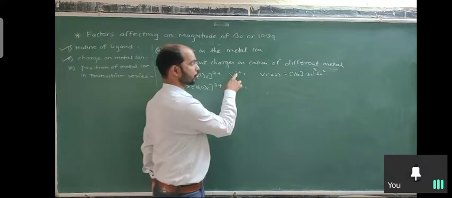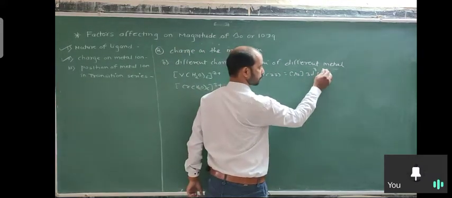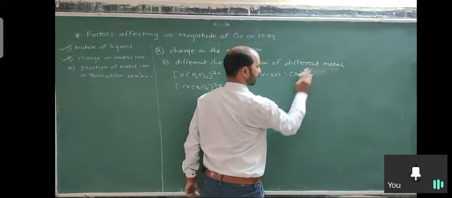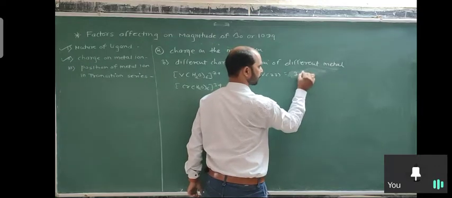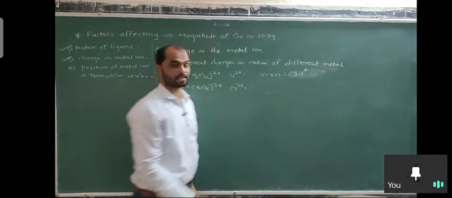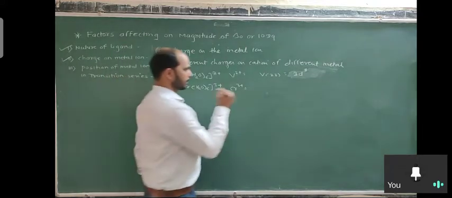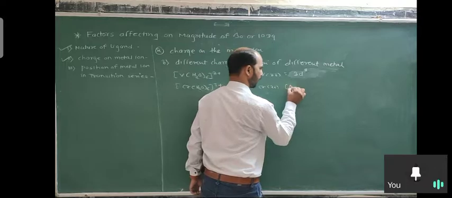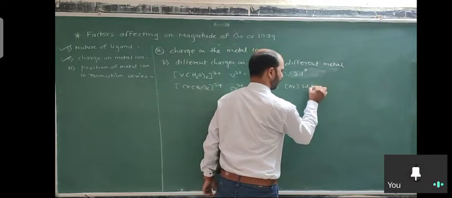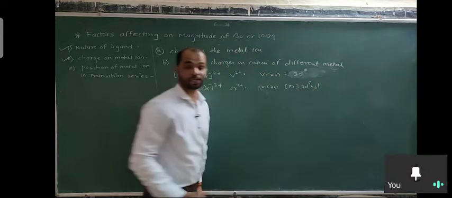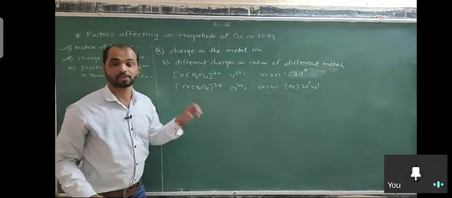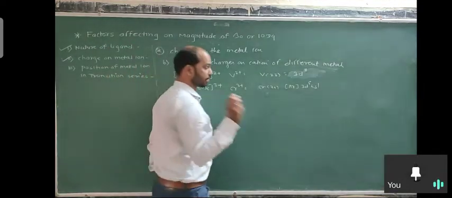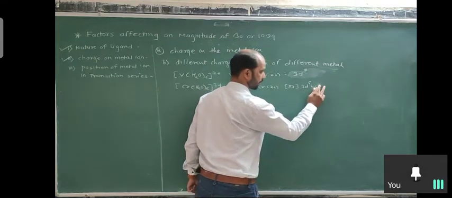For the plus 2 oxidation state, these two electrons are lost, so what is the electronic configuration of vanadium? 3d3. For chromium, it has atomic number 24, Ar 3d5 4s1 is the electronic configuration, but what is the charge? Plus 3 is the charge. That means three electrons are lost, one from here, two from here.